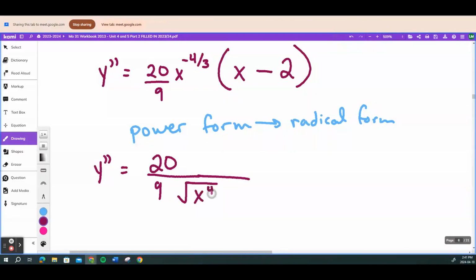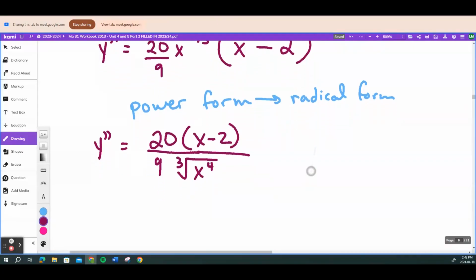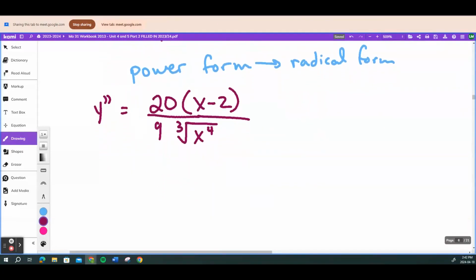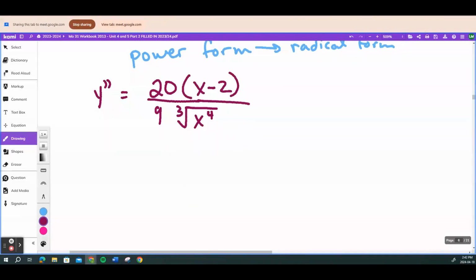So that's x times the cube root of x to the power of 4, and then in the numerator we have x minus 2. The reason I'm switching from power form to radical form is to make my life easier for determining critical values. So let's write that out.